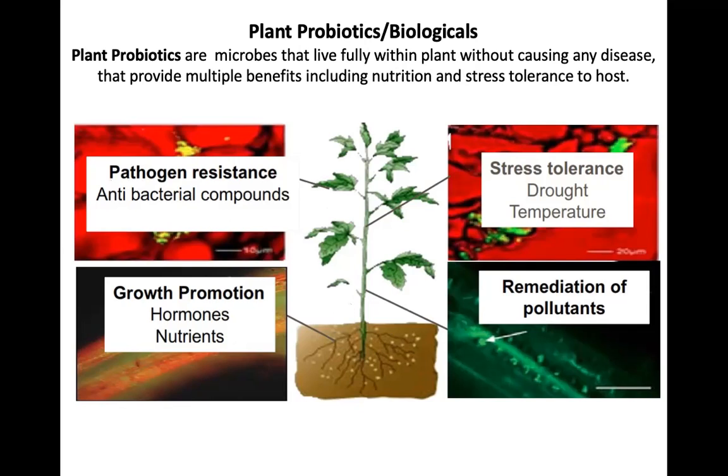Plant pathogen resistance can be achieved because probiotic microorganisms produce antimicrobial substances that ward off undesirable pathogens. As they are living and co-evolved with the plant, they do not harm the plant, like commensalism or a symbiotic relationship.